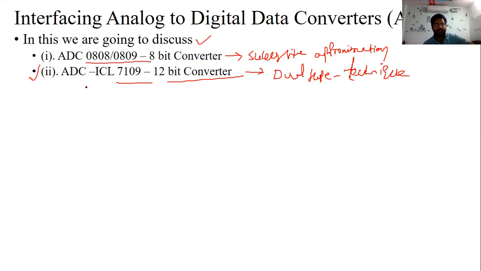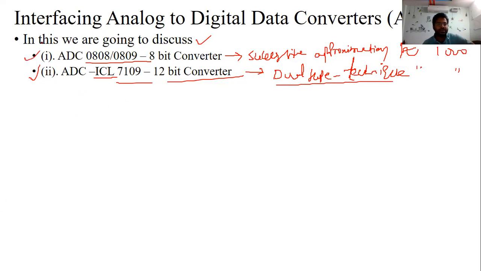At the same time, the ICL, meaning Intersil, 7109, a 12-bit converter. The 8-bit converter uses the successive approximation method for converting an analog signal to a digital signal. The ADC 7109 12-bit converter uses the dual slope technique to convert an analog signal to a digital signal.